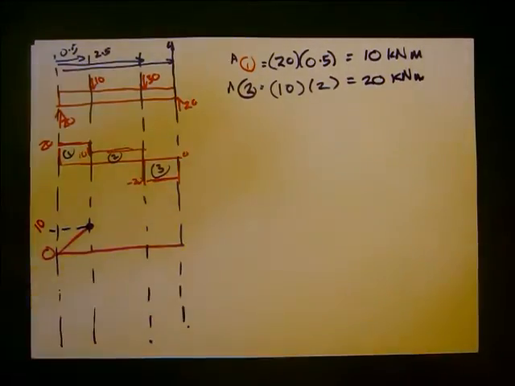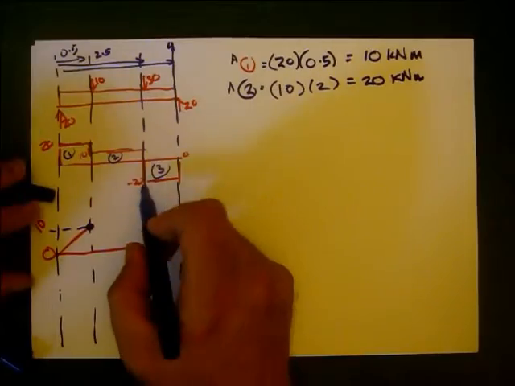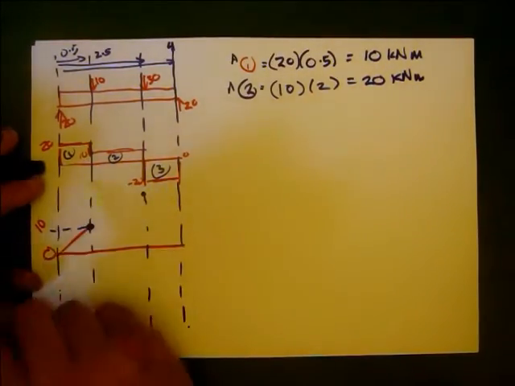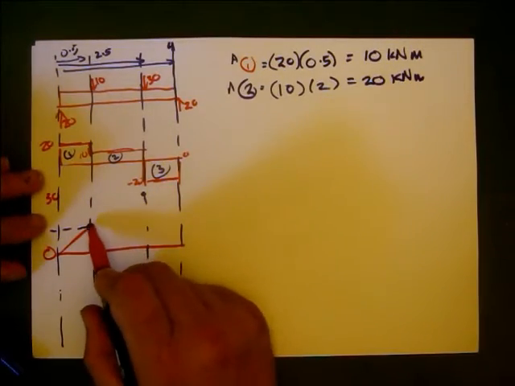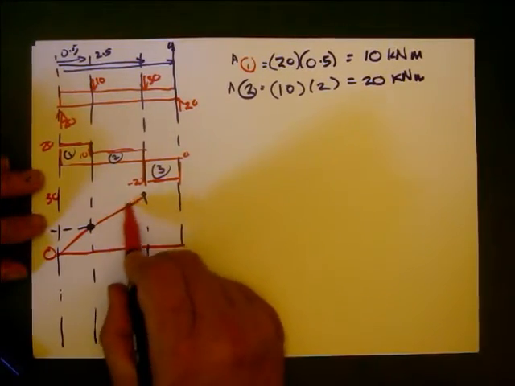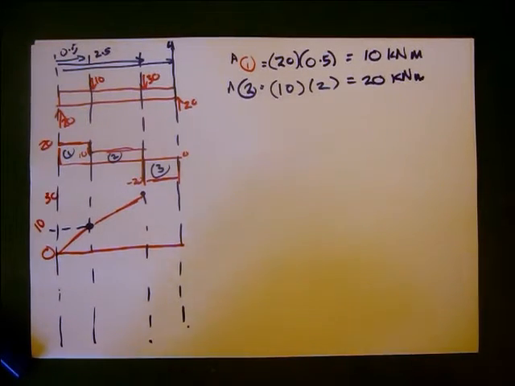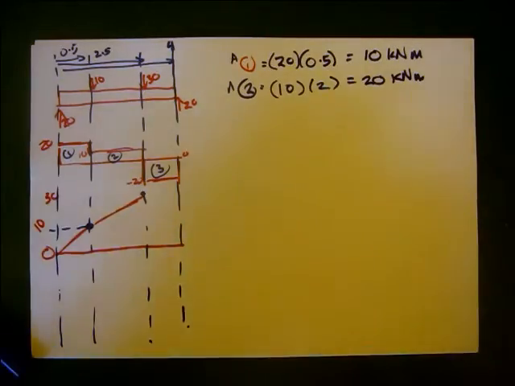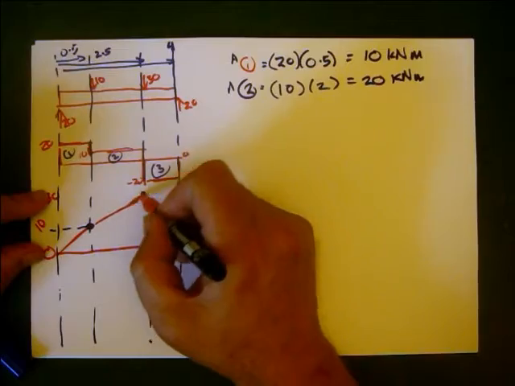So 10 plus 20 is 30. So this is going to be 30 kilonewton meters, and that's going to go up to 30. That's right, yep. And so now at this point we're at 30 kilonewton meters.